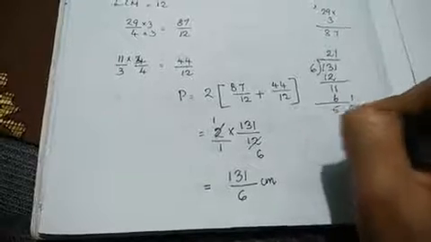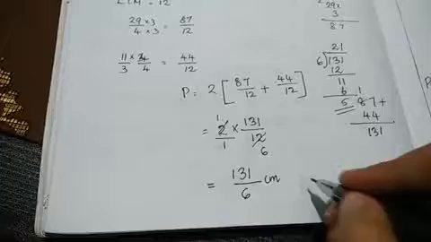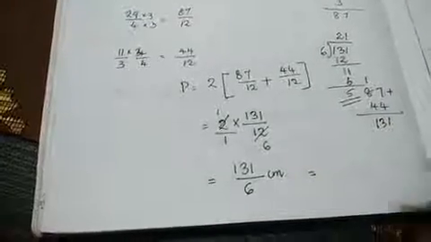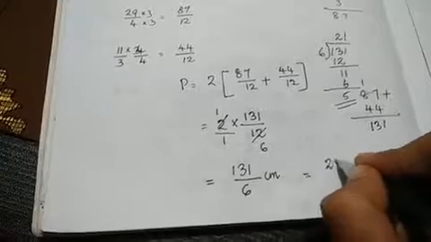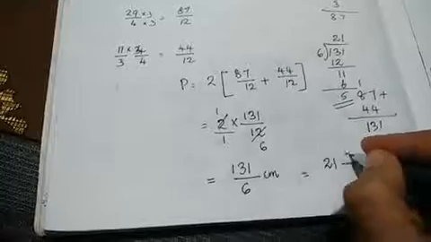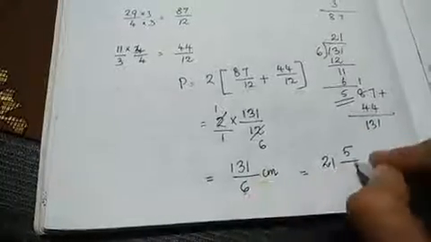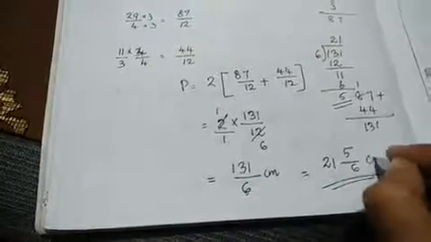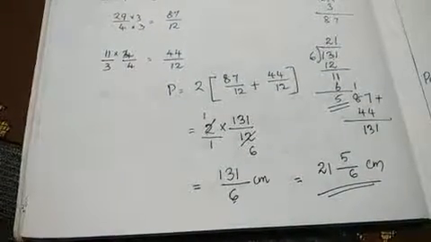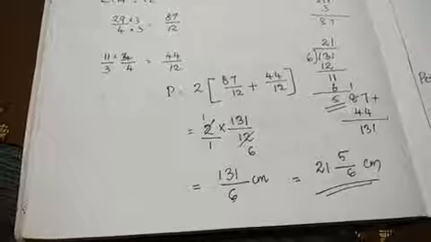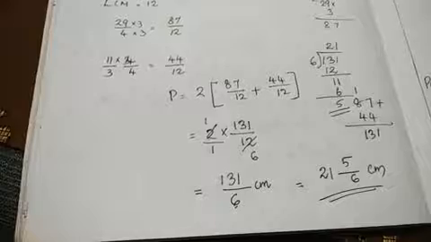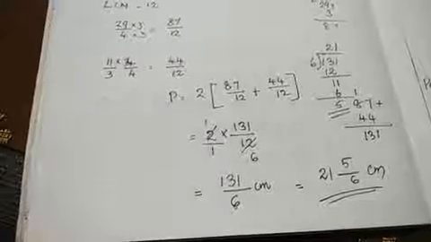Subtract, you will get 5 as a remainder. So we can write this improper fraction as 21 is the quotient, 5 is the remainder, and we have divided with the 6. So the answer of this question is 21 5 by 6 centimeter. Perimeter equal to 21 5 by 6 centimeter. All of you write this.